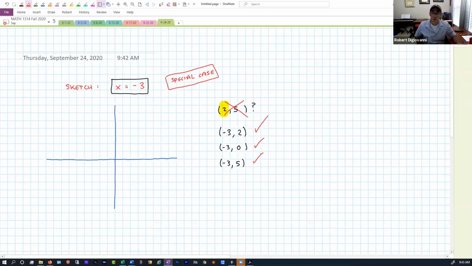So let's take a look at what those points look like if we plot them. The first point, -3, 2, would be to the left 3 and up 2. That's my first point. -3, 0 would be to the left 3 and then don't move at all. -3, 5 would be to the left 3 and then up 5.